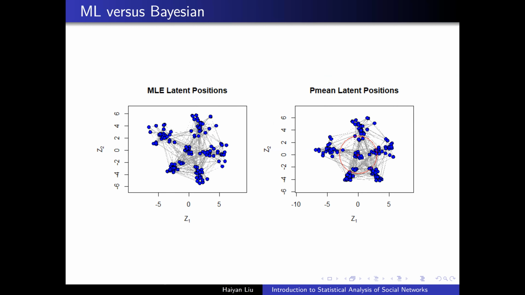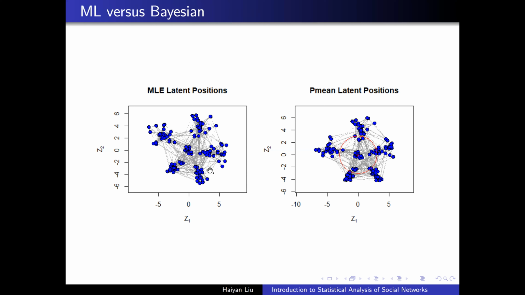Now here, I would like to contrast the latent position estimate obtained using maximum likelihood and obtained using Bayes. The left side is the plot of the latent positions of students in the latent space. Each bubble in this plot describes the position of a student in the college friendship network, and the gray edges connecting them represent connections in the network.